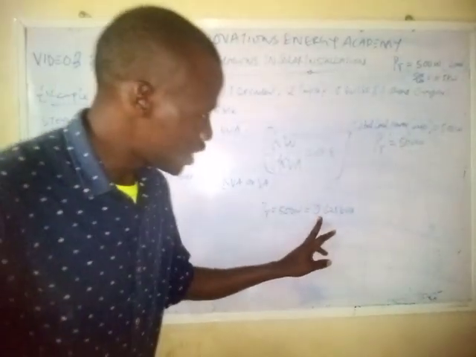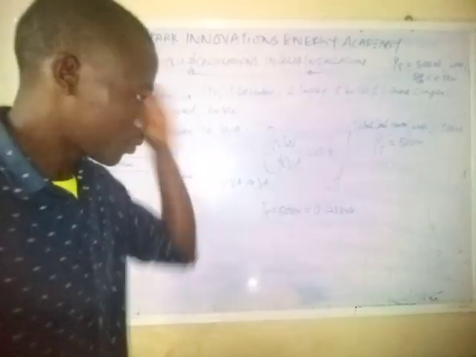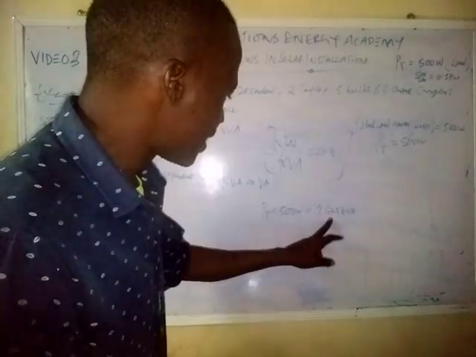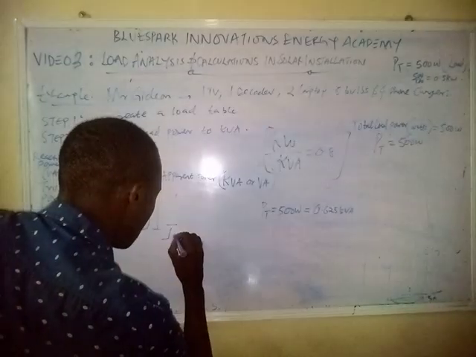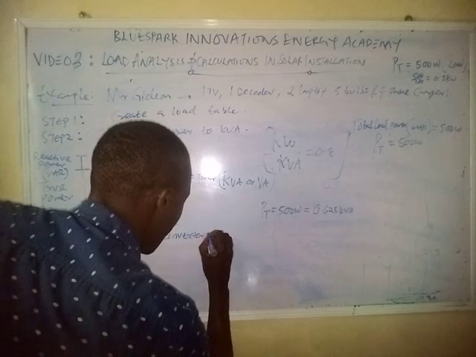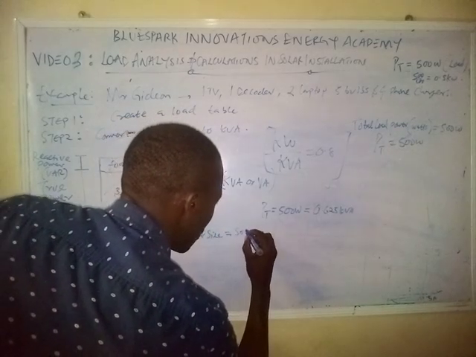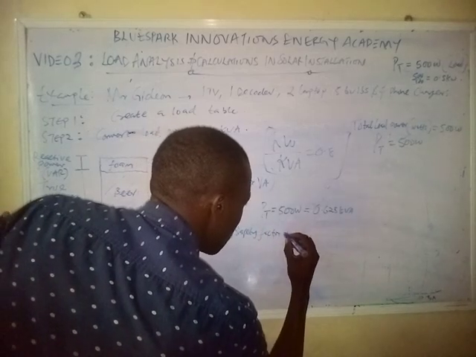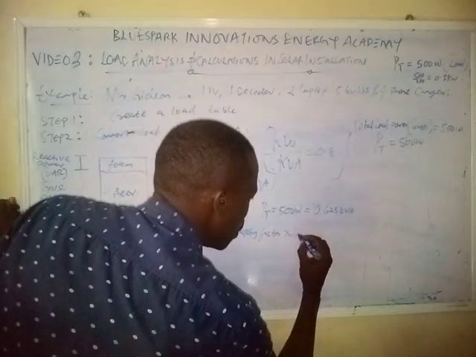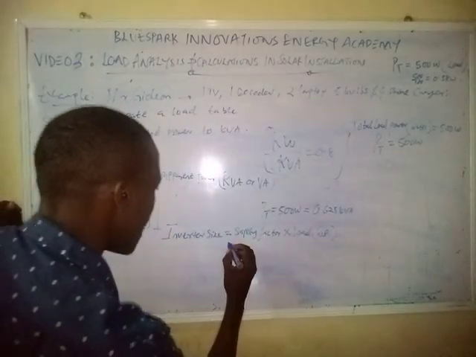And in order to get this, we have something we call safety factor. We multiply the safety factor by this load capacity. So inverter size now will be what? Inverter size will be equal to safety factor multiplied by load in kVA.